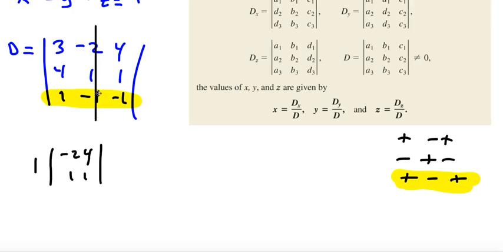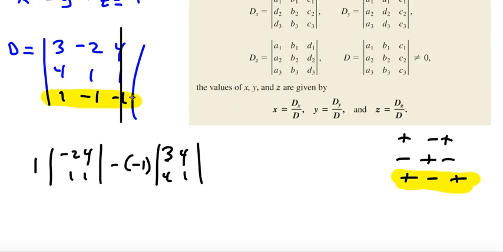Now that's negative 1, but this is a negative position, so a negative times a negative 1, and then times the determinant of 3, 4, 4, 1. Move it over one more time, which is a negative 1, and that's a positive position, so when I multiply, it's still negative. So negative 1 times the determinant of 3, negative 2, 4, 1.